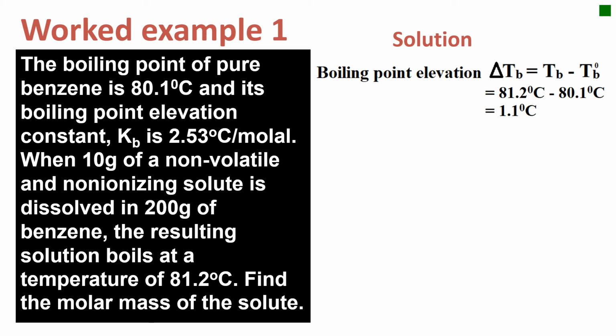This is the boiling point elevation. We also know that the boiling point elevation can be found by taking the Van 't Hoff factor times molarity, which is equal to the number of moles per mass of the solvent in kilogram, times Kb.